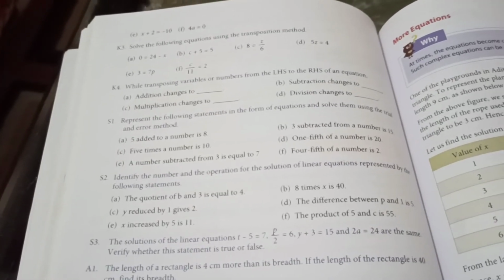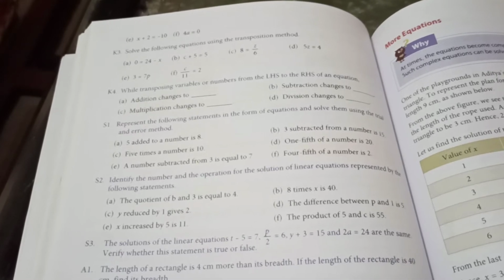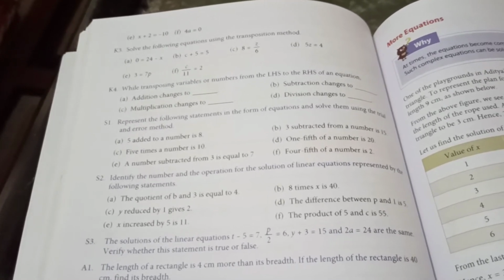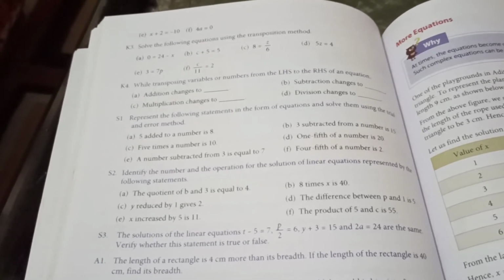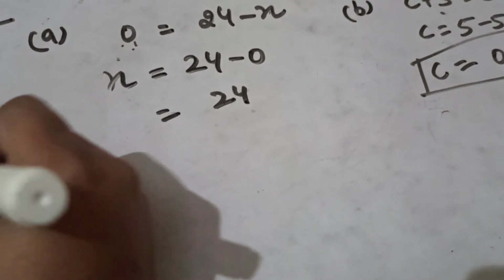Now come to the S1. Represent the following statement in the form of an equation and solve them using the trial and error method. Now in this we have to firstly form the equations and then solve them. So S1.